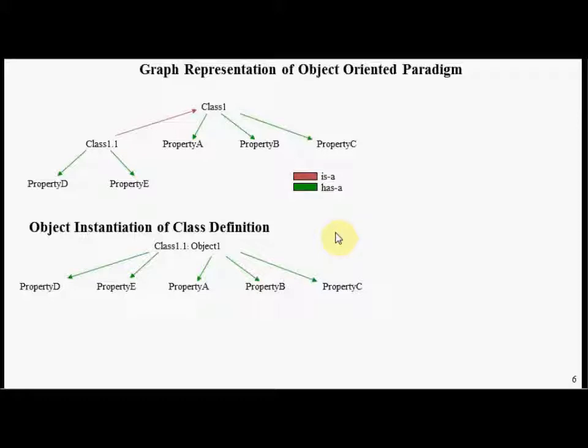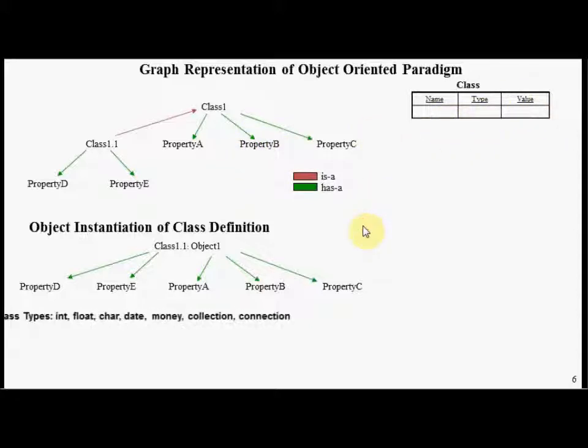Okay, now let's look at the relational tables needed to support this paradigm. We have a class table, which represents the nodes of our class graph. It's basically a name-value pair, and we have a type column and legal type values. This represents basic class types.